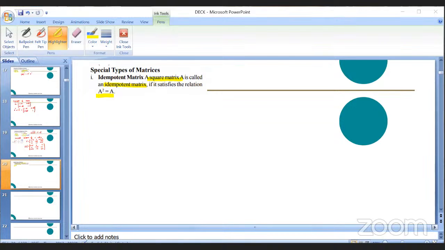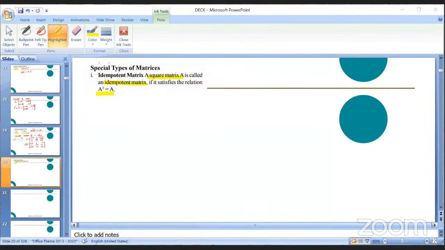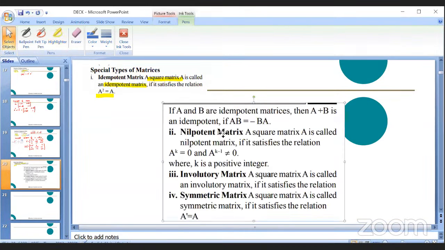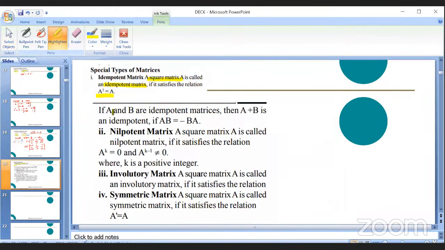Then there is one rule for this idempotent matrix. Let me put that rule. If A and B are idempotent matrices, A plus B is also idempotent. And then AB will be idempotent if AB is equal to BA.